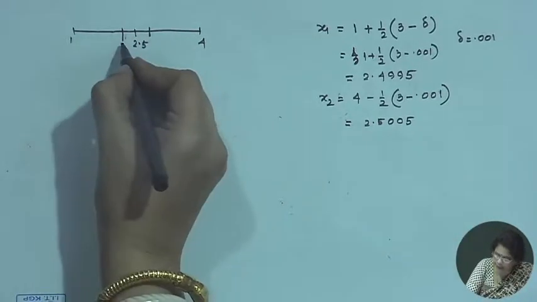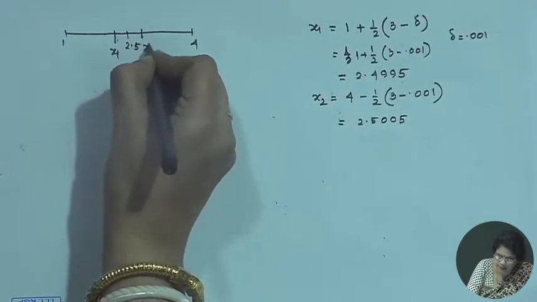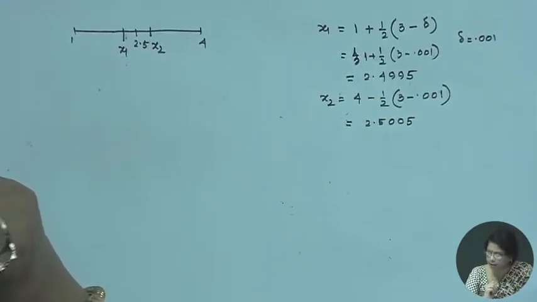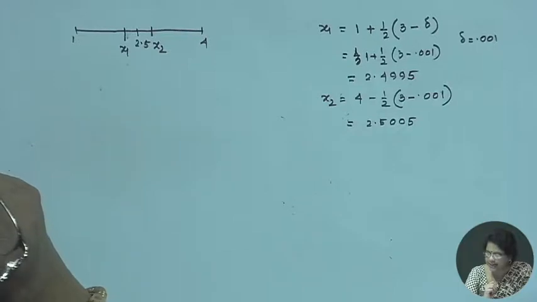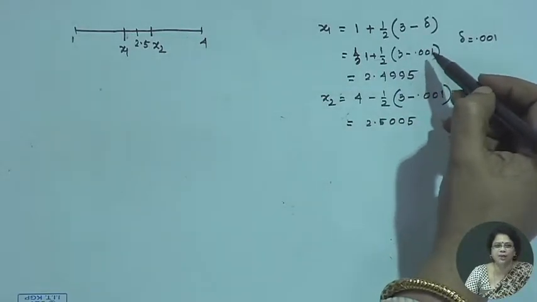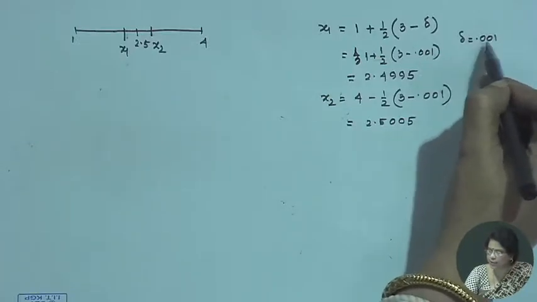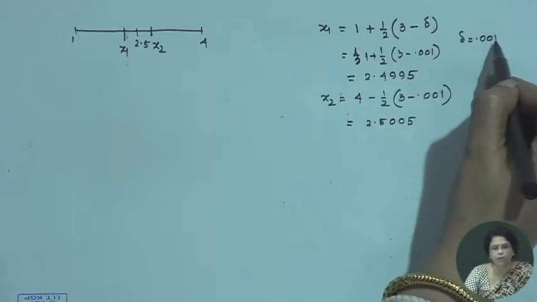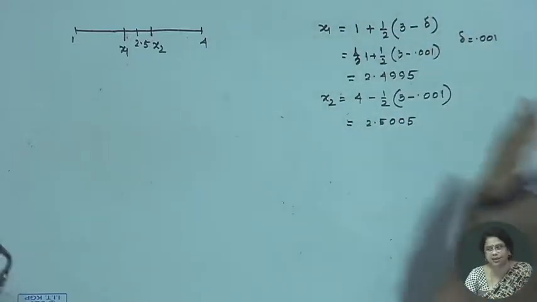That is why we can place 2 points here. This is my x1 and this is my x2, x1 as 2.4995 and x2 as 2.5005. You can even find it without doing the calculation, because if you just take delta by 2 on one side, it would be 0.0005. 2.5 minus that, 2.5 plus that, you get these two values.